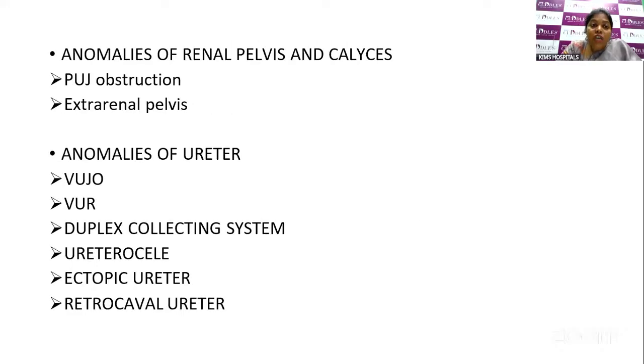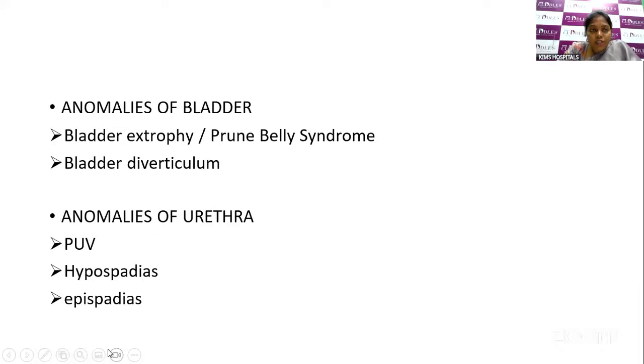So coming to the abnormalities of the renal pelvis and the ureters, we have PUJ obstruction, that is pelvic-ureteric junction obstruction, or extrarenal pelvis. Coming to the abnormalities of the ureters, we have vesicoureteric junction obstruction, vesicoureteric reflux, we have duplicating system, ureterocele, ectopic ureters, and retrocaval ureters.